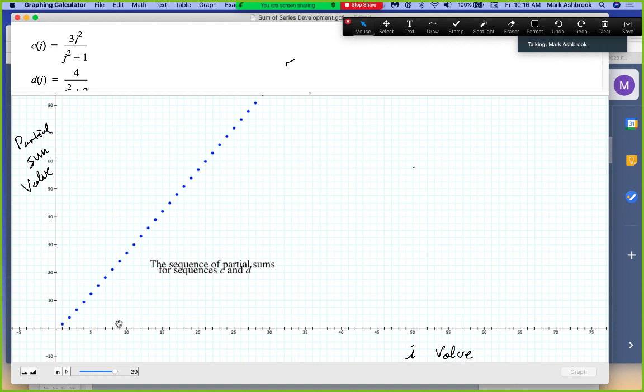So does that make sense with that first sequence that we did? The limit of the sequence was 3, so the partial sums keep growing by 3 each time because you keep adding essentially 3, right? Essentially 3 in the end.